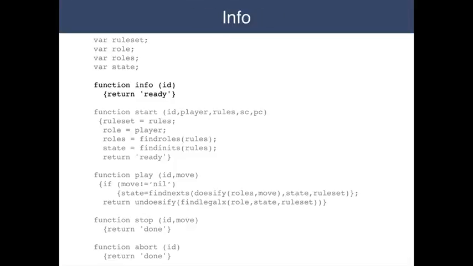Okay, next we define a handler for each type of message. The info handler does nothing at all and simply returns ready. The start event handler assigns values to the rule set and role variables based on the incoming start message. It initializes roles and the state variable, and it then returns ready.